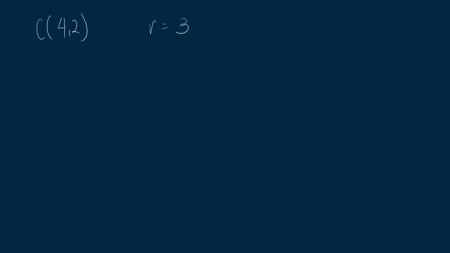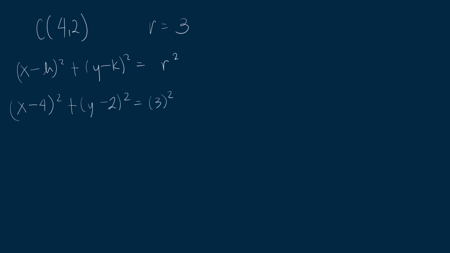We need to identify the general equation. For the general equation, we will write first the standard one. Standard one is x minus h squared plus y minus k squared is equal to r squared. H is 4, so it will become x minus 4 squared plus y minus 2 squared is equal to 3 squared.